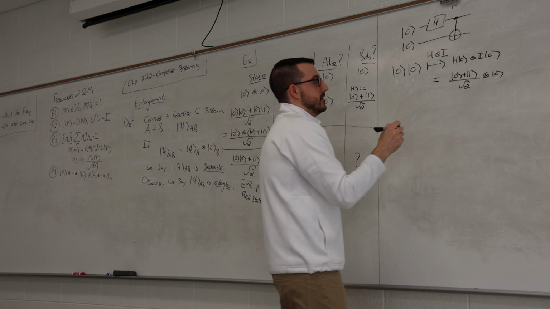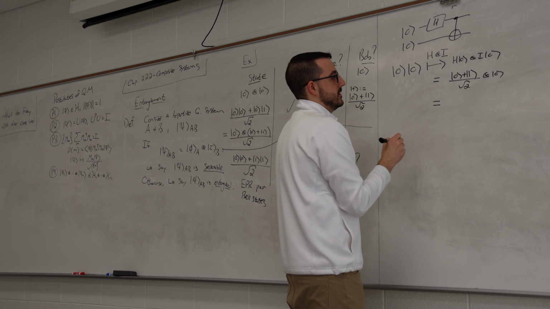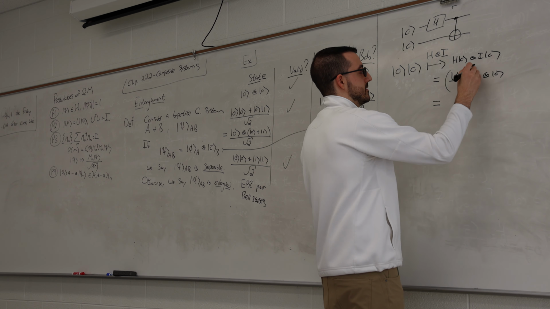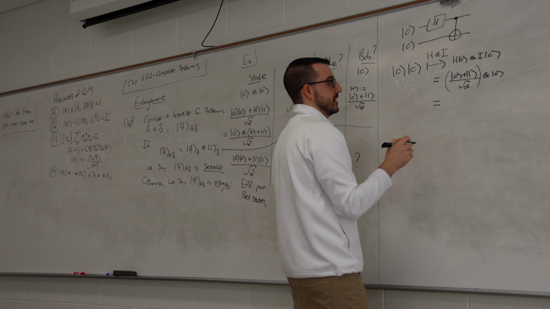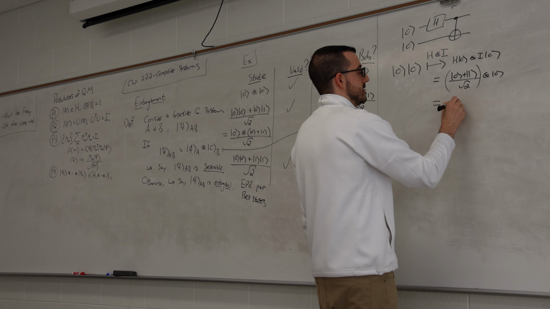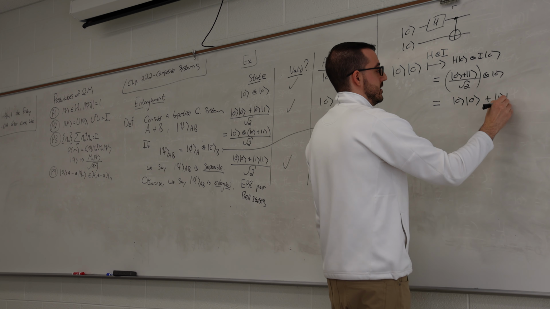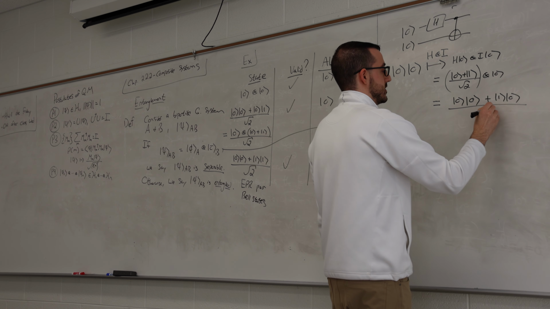Now, in order to set myself up to do the CNOT, I'm going to expand this state across the tensor product. You can put parentheses here if you'd like. So this is going to give me 0, 0 plus 1, 0 over the square root of 2.